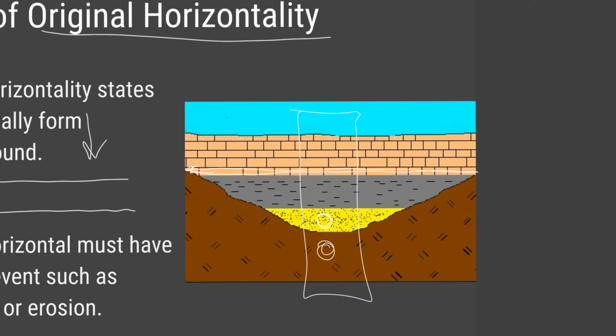We know it had to have been horizontal, and then it was weathered down and eroded away, and then eventually a new layer of sediment filled in horizontally. So looking at this section of the column, we can see that the brown layer is older than the yellow layer due to superposition. So again, it's important to remember that layers originally form horizontally, as stated by the law of original horizontality.